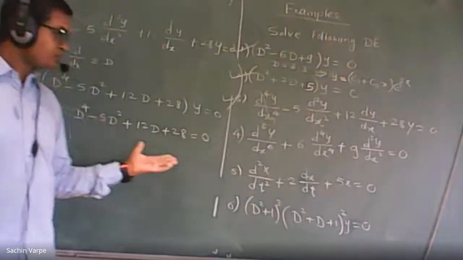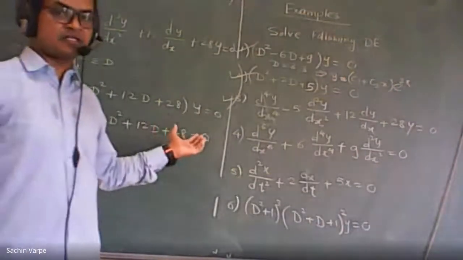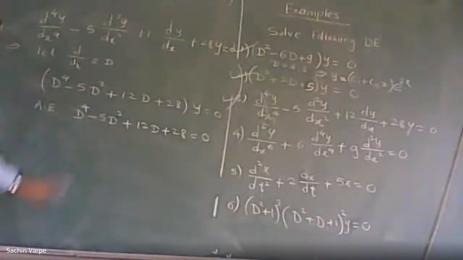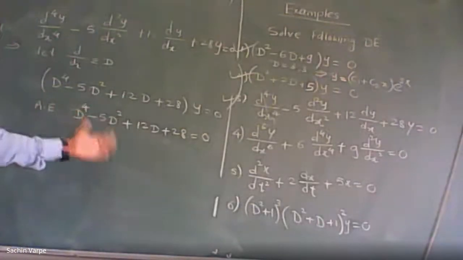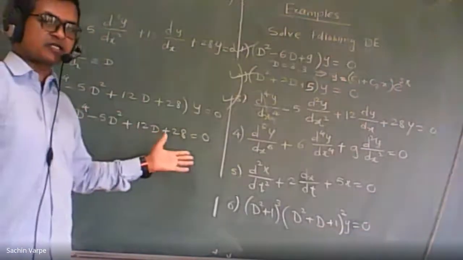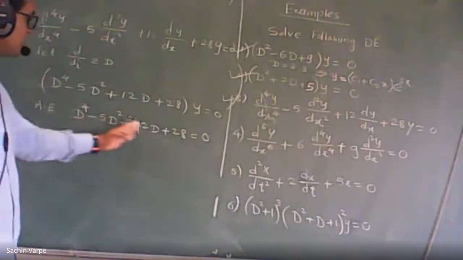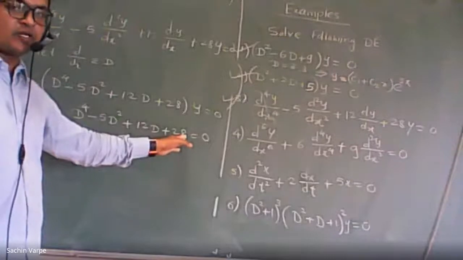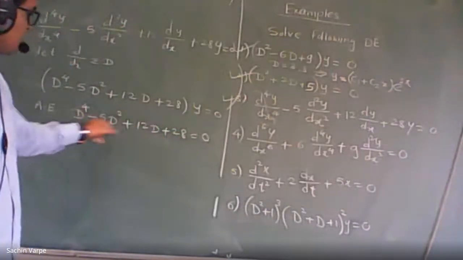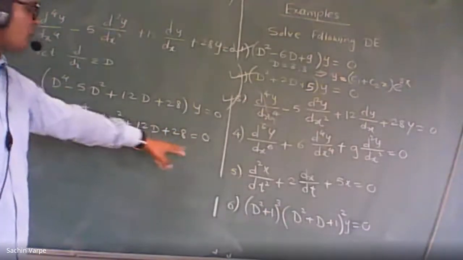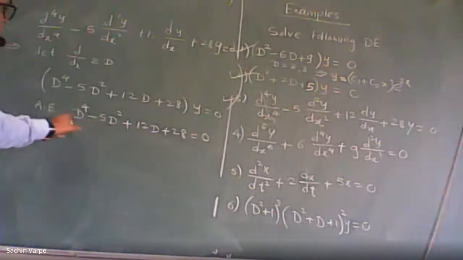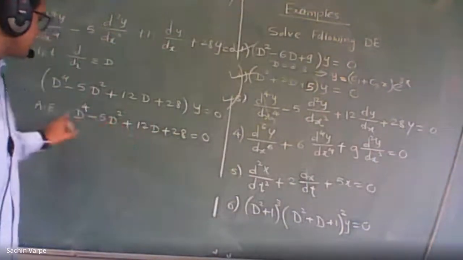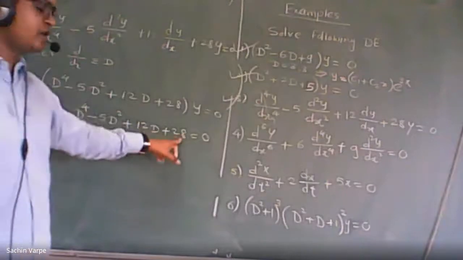So I have given 3 tricks in the last lecture that will help you to get the first root easily. The first trick says, if the sum of coefficients is 0, then 1 is a root, right? So is the sum of coefficients 0 here? I think no. The sum of coefficients is 1 minus 5 plus 12 plus 28, that is not 0.